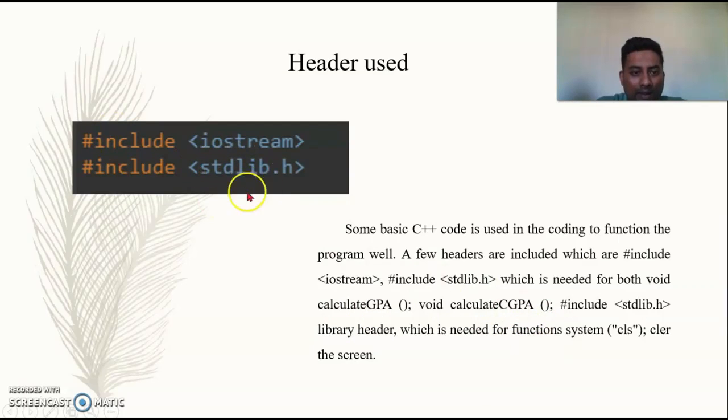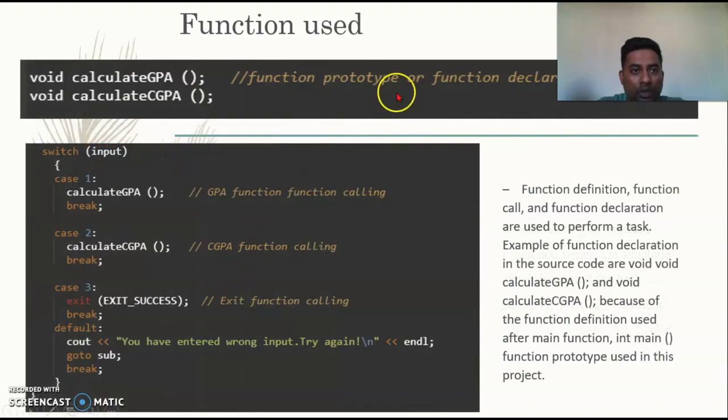This header is needed to clear the screen. You can see here we declare two functions. We use the void syntax because our functions will not return any values. Any function has three sections: function definition, function call, and function declaration.